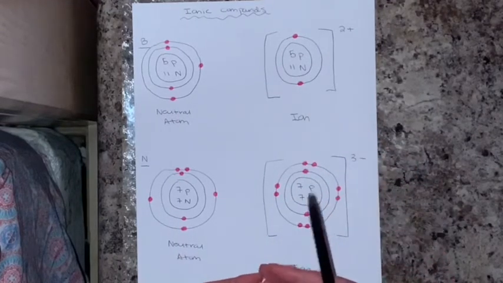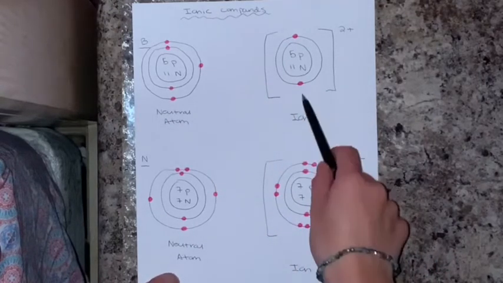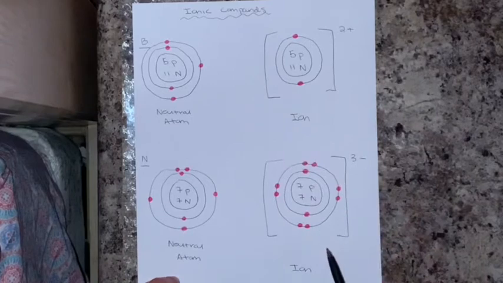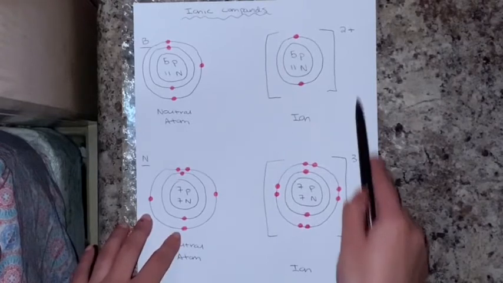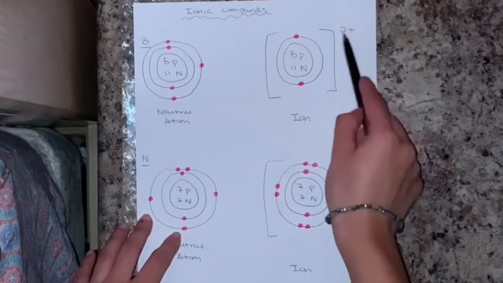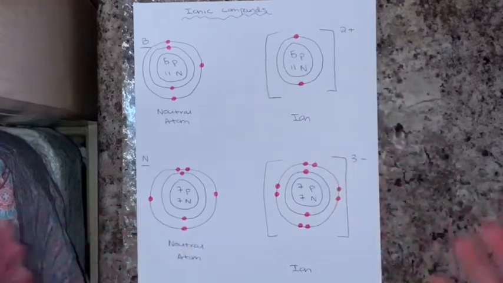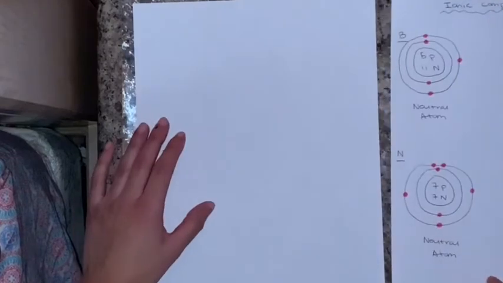And so we are going to create an ionic compound between boron's ion and nitrogen's ion. And they are going to create an ionic compound because they are oppositely charged ions. And they have different quantities, but that's okay. As long as they're different charges, that's what really matters.